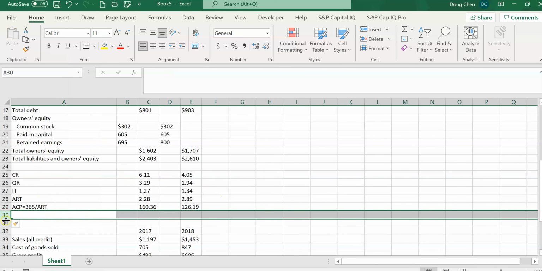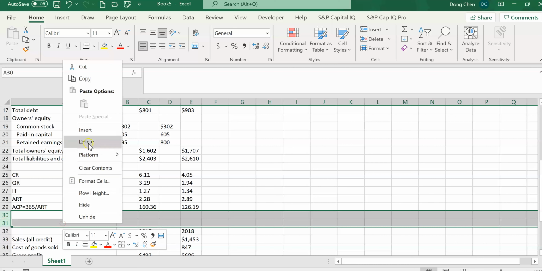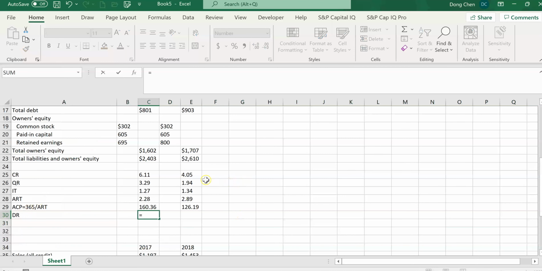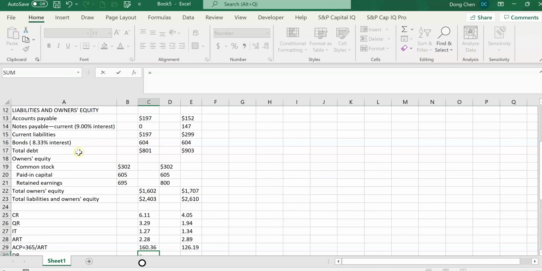Why don't I give two or more spaces just in case I need those? So debt ratio, this is total liabilities. So this is total debt, and then divided by the total assets. And based on the balance sheet identity, total assets is just the total liabilities and owner's equity, right?